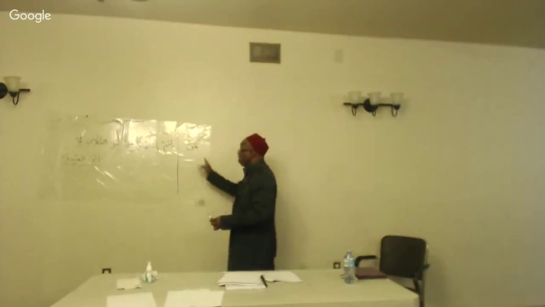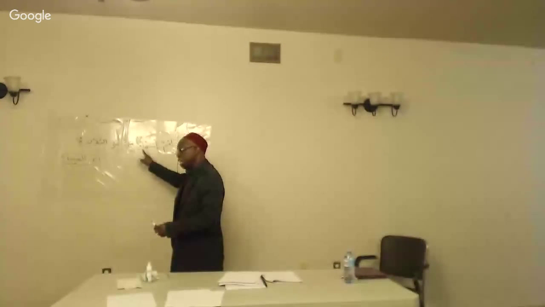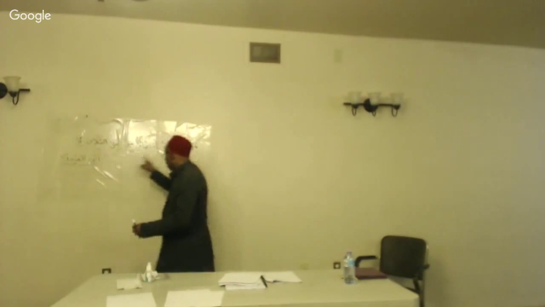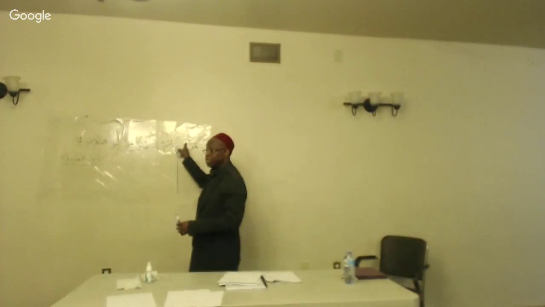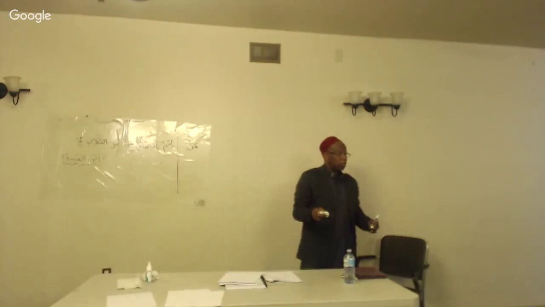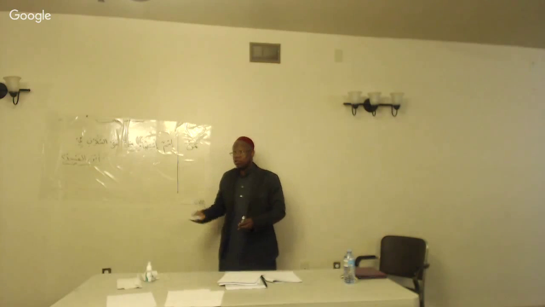So the i'rab of man is ismu istifhamin, an interrogative article, mabniyun ala as-sukun, same vowel as hada. So it's not necessary for us to change that. It's still the sukun. The rest of the i'rab is going to be exactly the same.